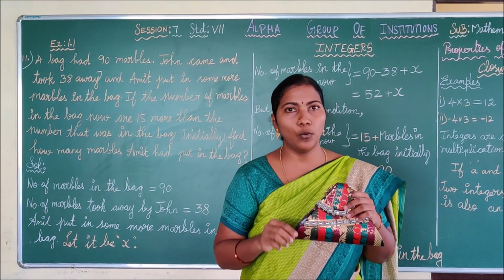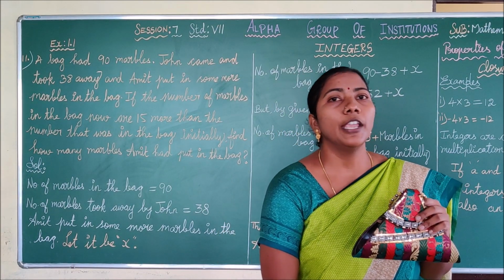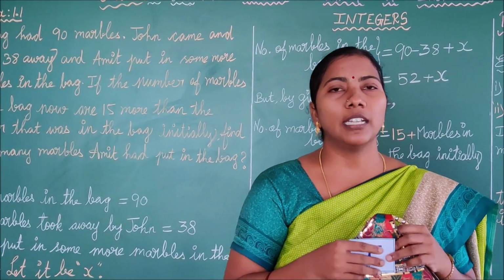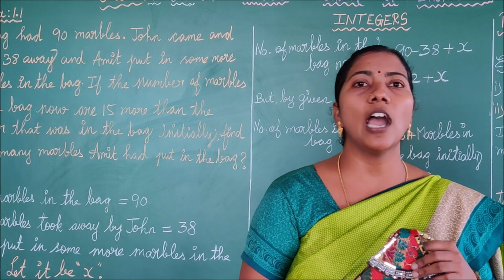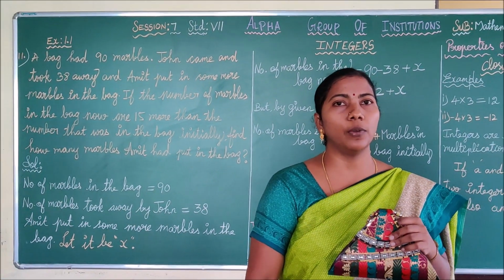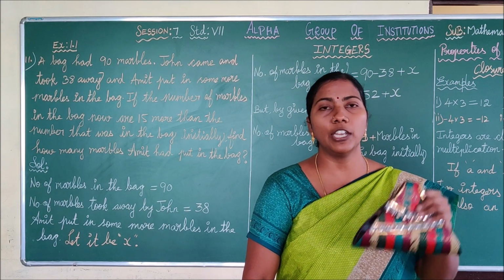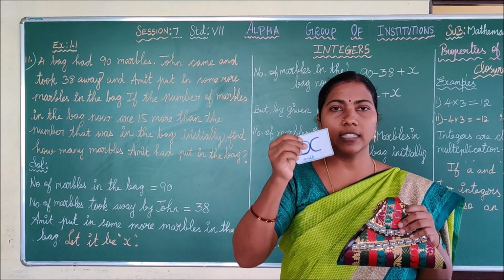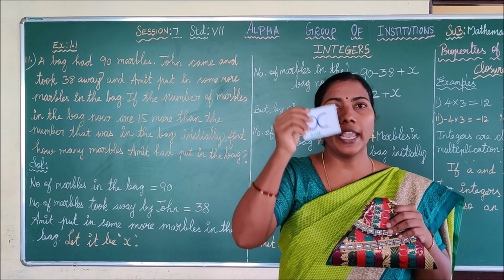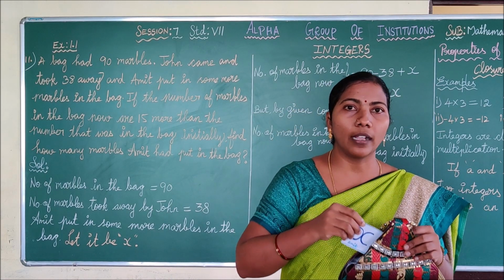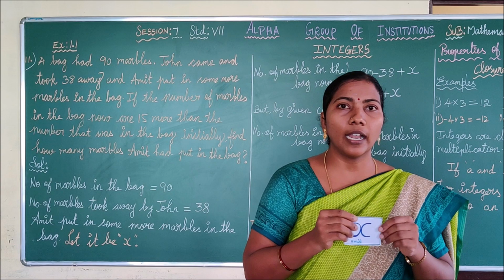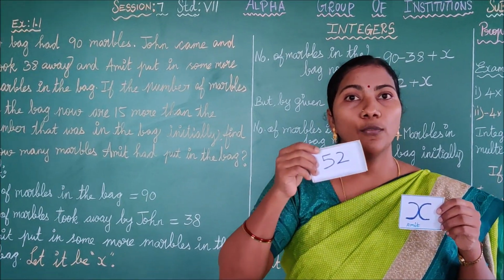Amit came and put in some more marbles into the bag. Usually we take the unknown value as some variable. Let us take the number of marbles added by Amit into the bag as X. That is, Amit put X marbles into the bag. Already this bag contains how many marbles? 52.